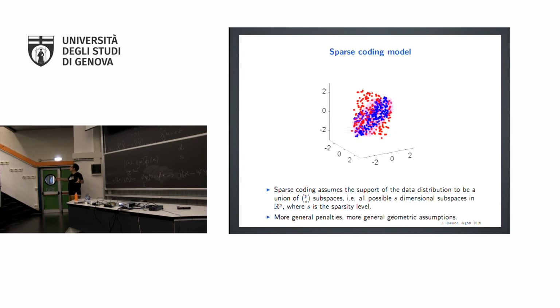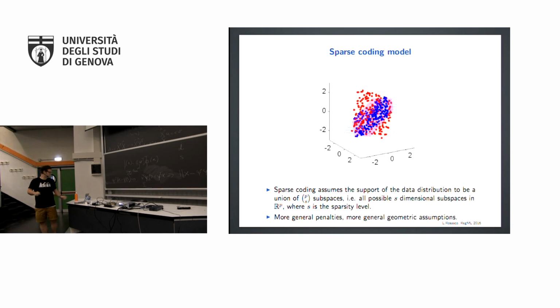The set of all vectors of size d that are s-sparse lies where? Each one lies on a subspace of dimension s. How many subspaces of dimension s are there in a space of dimension d? d choose s. And all the possible data live on the union of these.